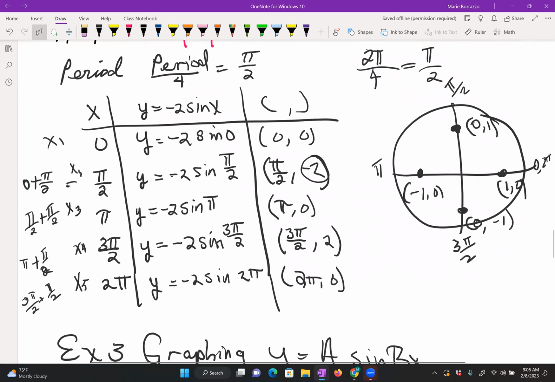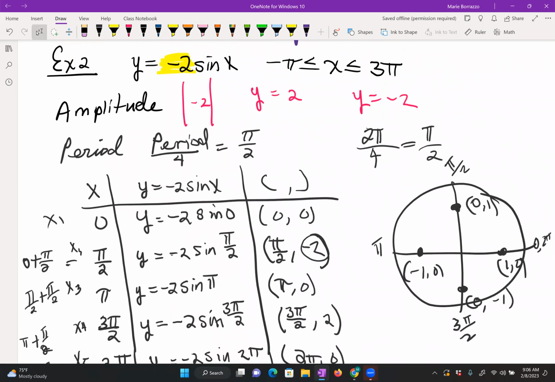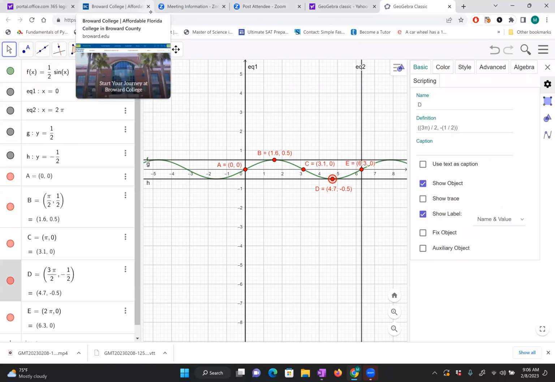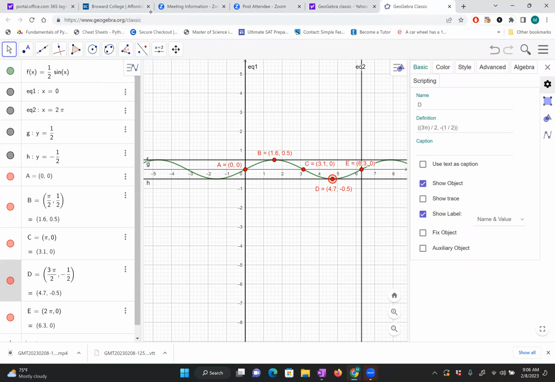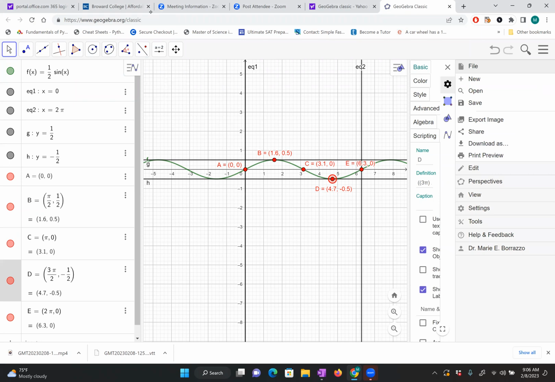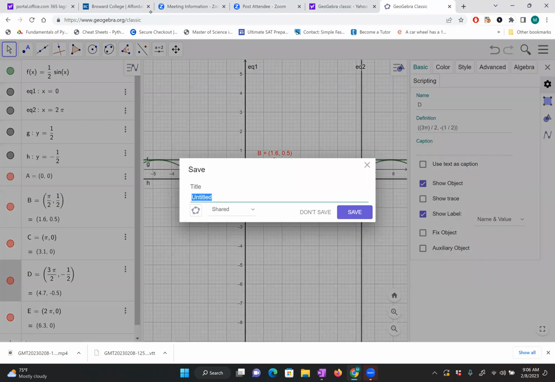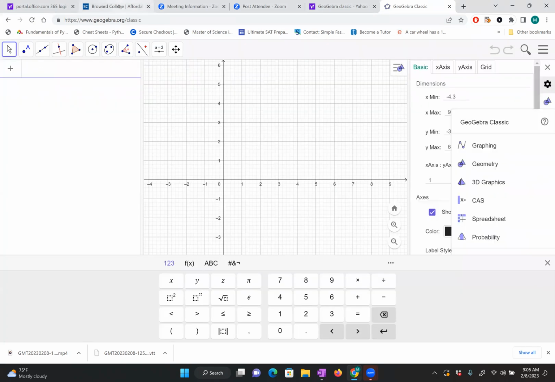All right, so let's look at this in GeoGebra as well. This is the negative 2 sine x. Okay, so let me go to File, New, don't save. Just for the record. So there's your negative 2 sine x.